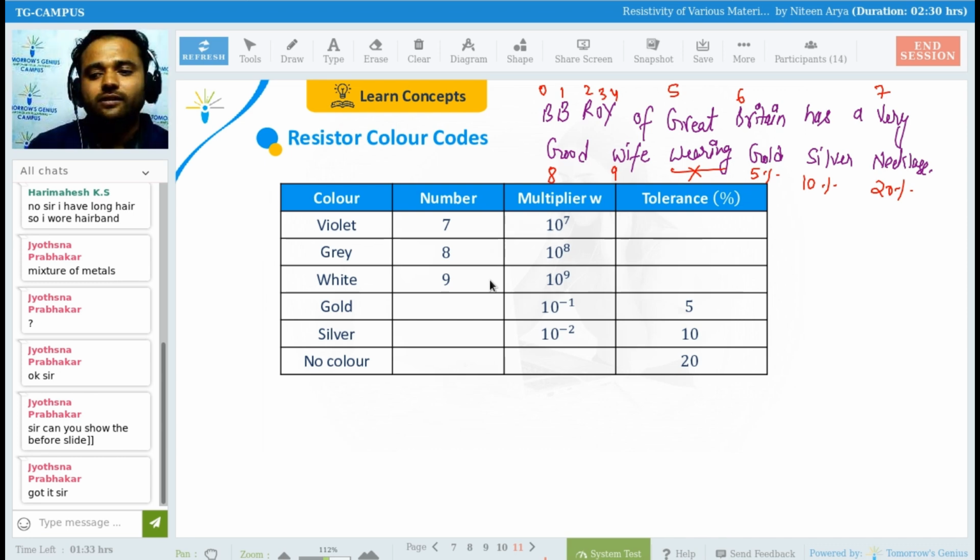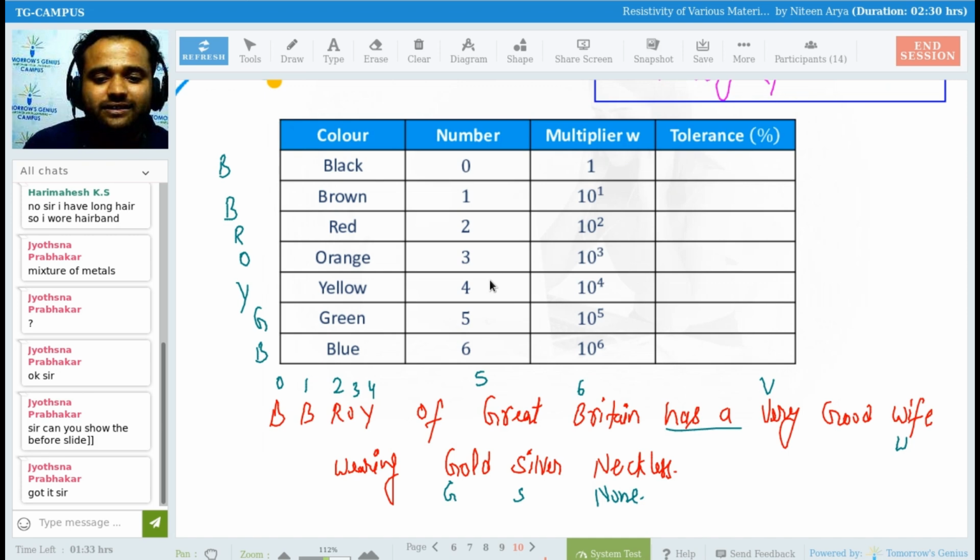Okay, so in this way, you need to remember this, or you need to understand this. Clear? Just this single sentence is going to help you out a lot, because then you don't need to learn which particular color is for which particular number.